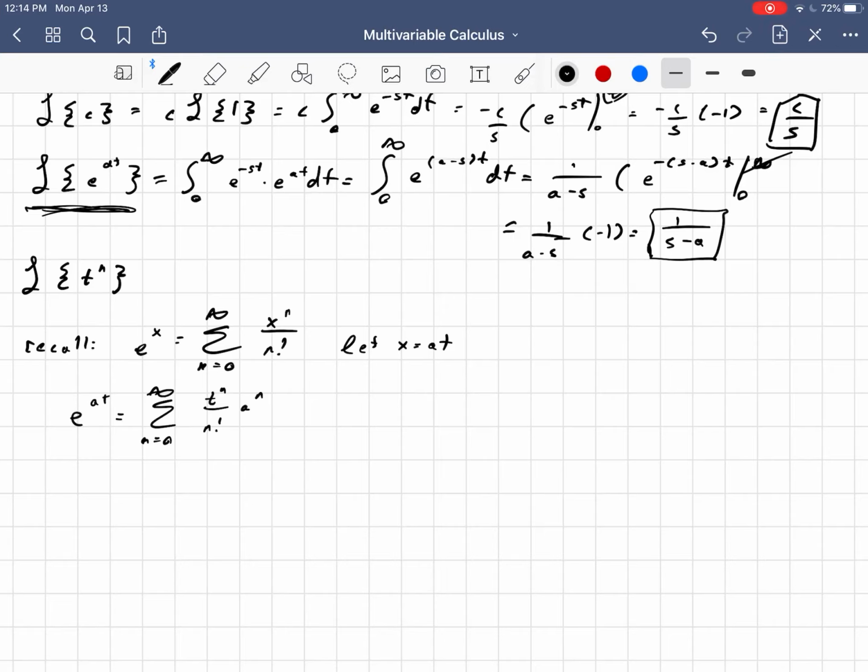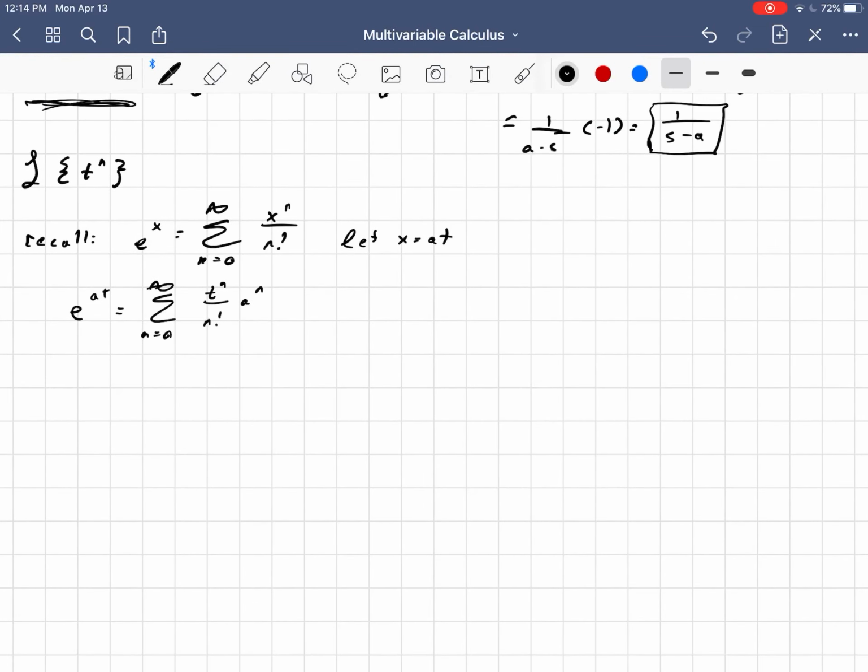Something else that I want to do, I want to use this fact here. I know that 1 over 1 minus x is the sum from n equals 0 to infinity of x to the n, of course for the absolute value of x less than 1.